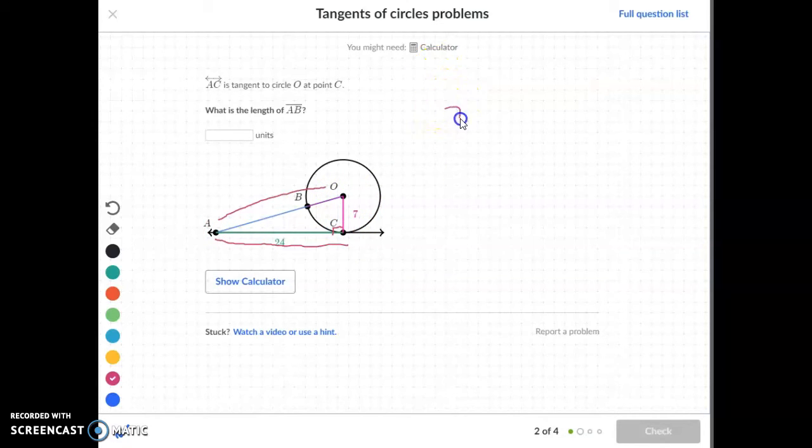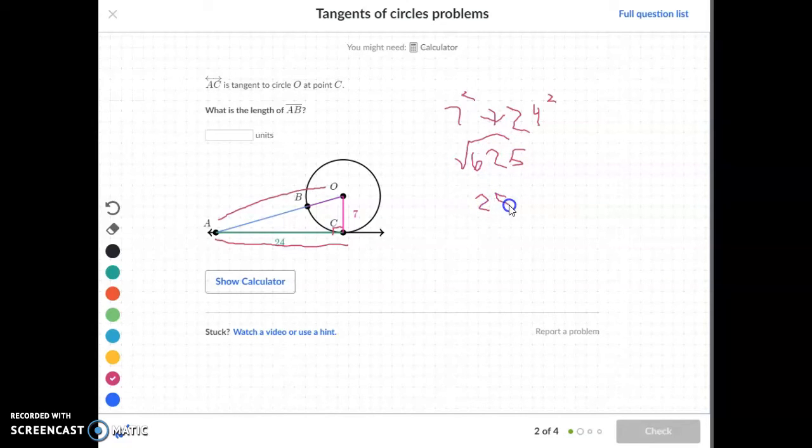So we're doing 7 squared plus 24 squared. And what does that equal? So 7 squared plus 24 squared is going to be 625. And then we take the square root of that, which is 25.